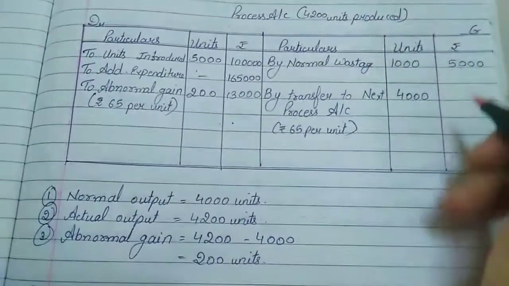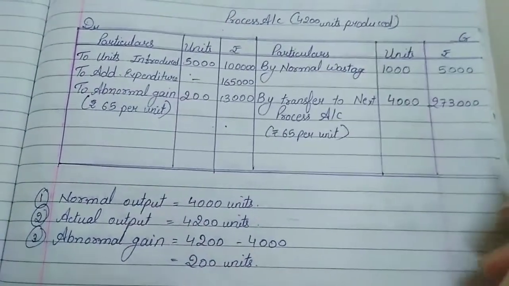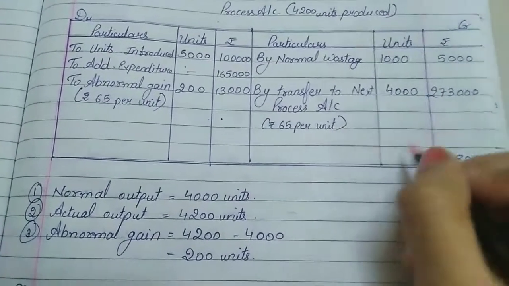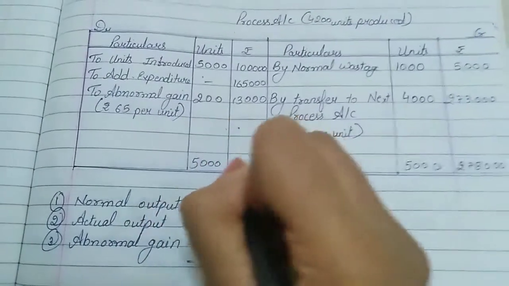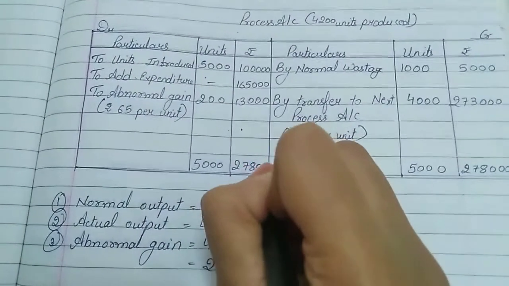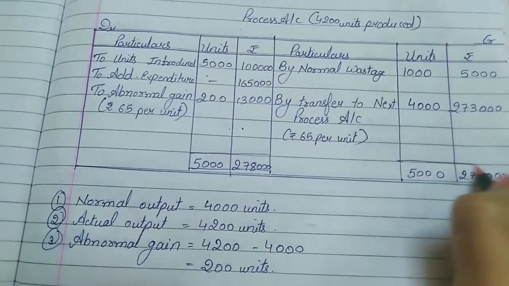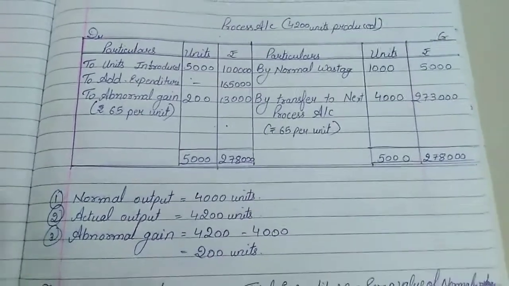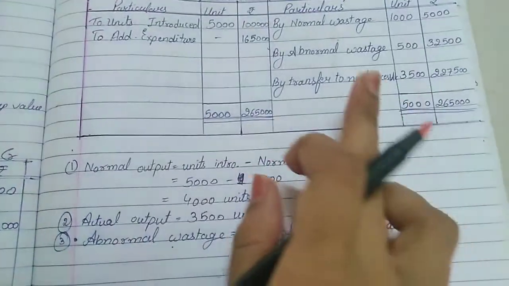The total will become 2,78,000. Here 5,000 units. Here also 5,000 units and 2,78,000. Okay, so from one question only we get to know about abnormal gain, abnormal wastage and here normal wastage. Okay, thank you.